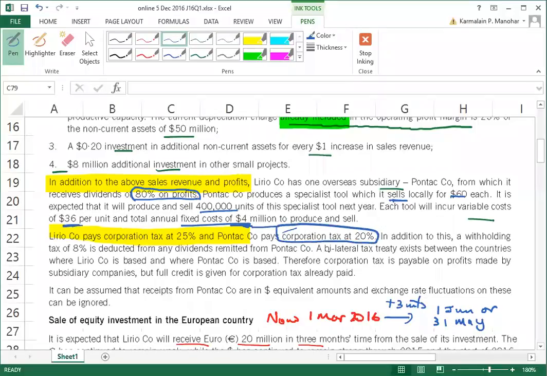So in addition to this, watch out for, they like this phrase in this question. In addition, a withholding tax of 8%. Further to that, we must deduct from any dividends remitted, bilateral equity, and therefore any tax on these profits will be given full credit for tax already paid.